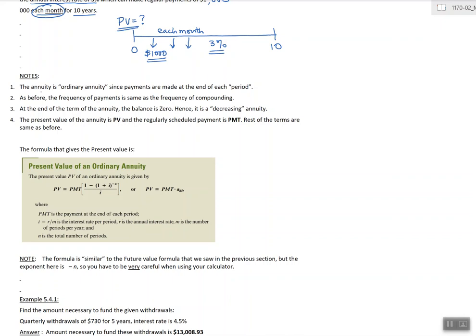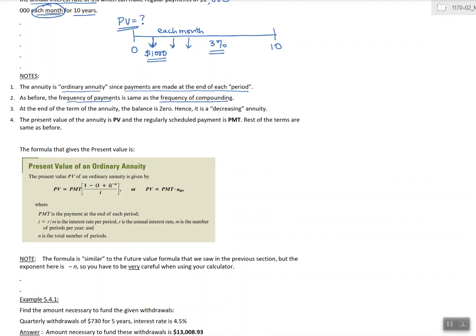A few notes. The annuity is an ordinary annuity since the payments are made at the end of each period. So at the end of the month is when you get your $1,000. As before, the frequency of payments is the same as the frequency of compounding. So if the payments are monthly, the compounding is monthly.